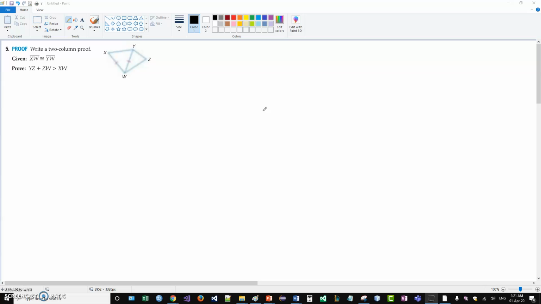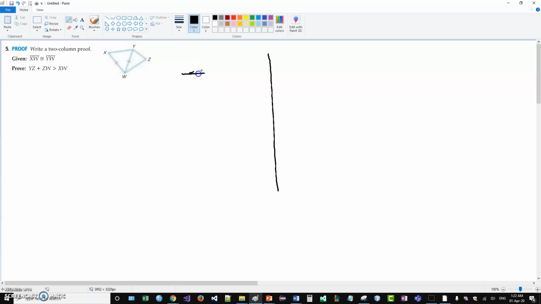Alright, let's look at this example from the book. This is a much easier one than the one we did before. Write a two-column proof given that XW is congruent to YW. Prove that YZ plus ZW is greater than XW.